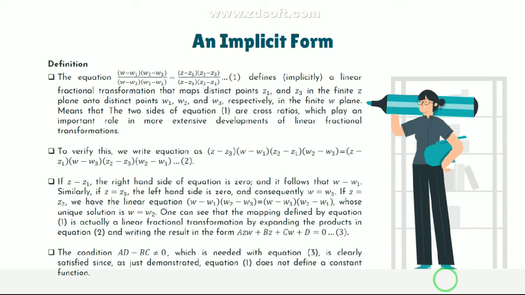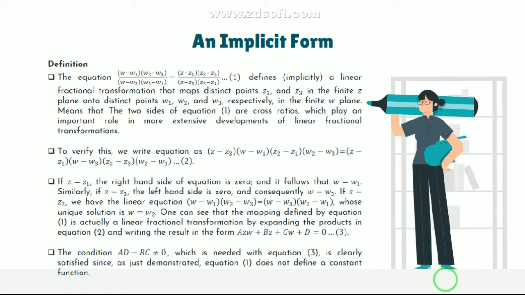To verify this, we write the equation as (z - z3)(w - w1)(z2 - z1)(w2 - w3) equals (z - z1)(w - w3)(z2 - z3)(w2 - w1).